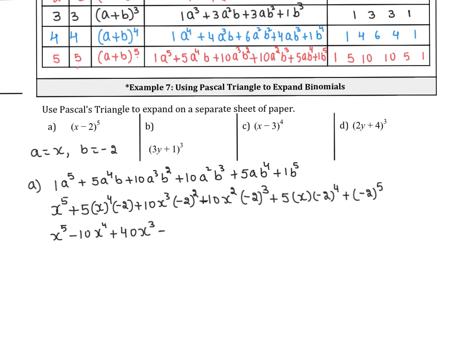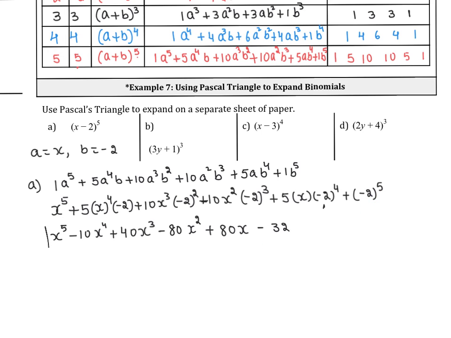This is going to be negative 8 times 10, that's going to give you negative 80x squared plus 2 to the power 4 is 16, and then 16 times 5 is 80x minus 32, because negative 2 to the power 5 is negative 32.